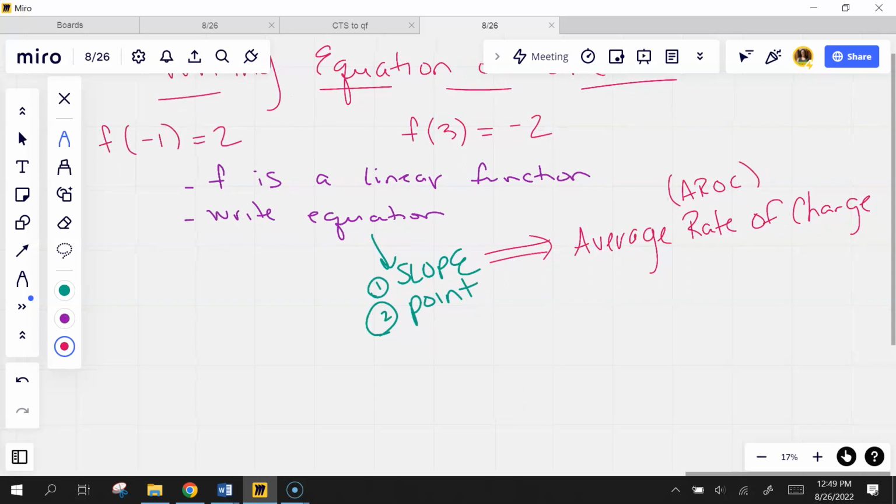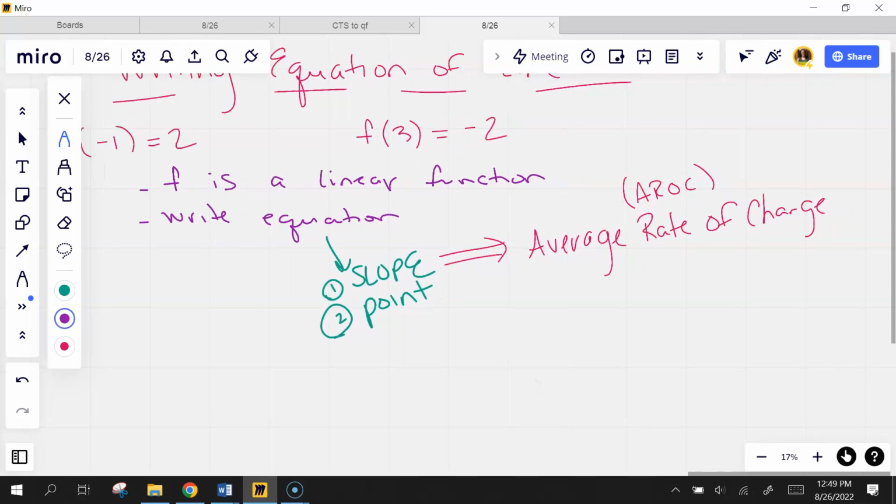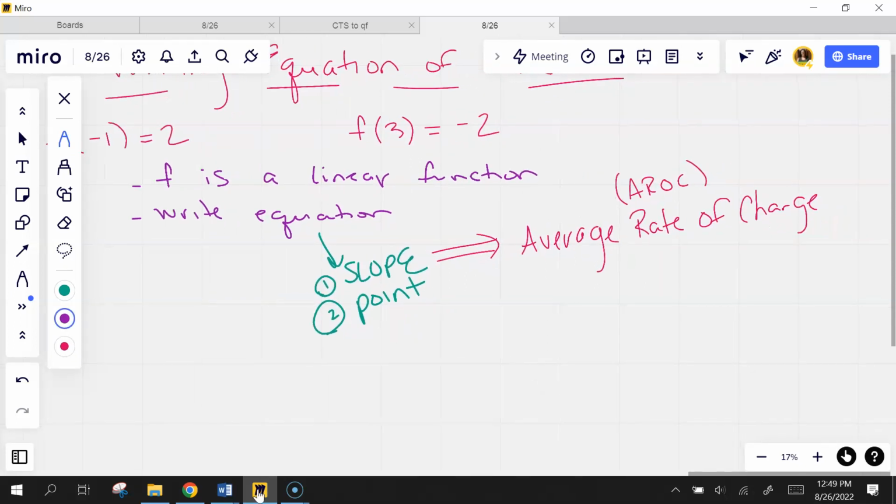How do you find slope? Okay, that's the basic definition. How do we find it? Okay, y1 minus y2 over x1 minus x2.